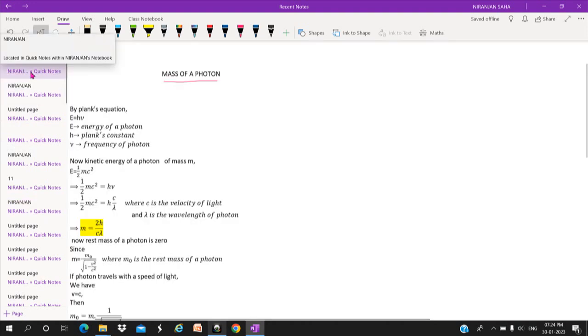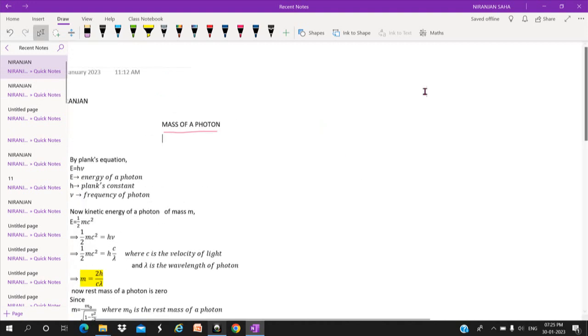The mass of a photon we can calculate in this way.